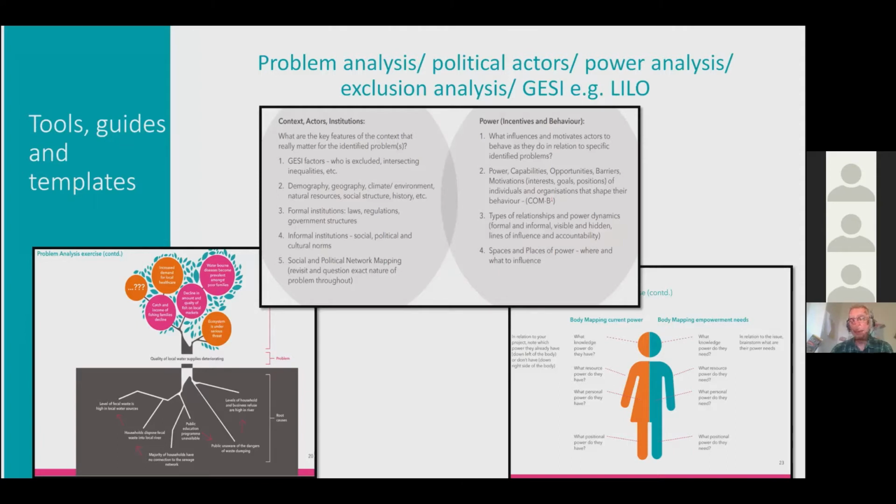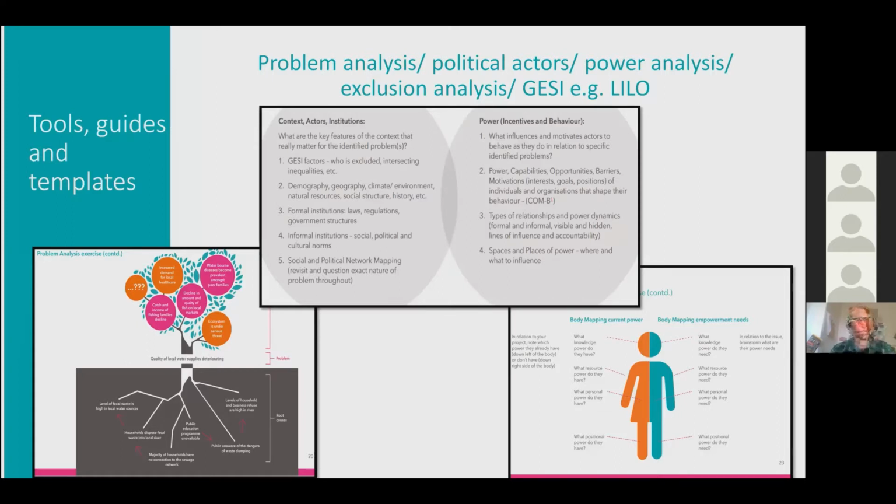So problem analysis really looks at the political economy of actors and institutions, linking with an analysis of power, so the incentives and behavior relationships that trigger activity and actions. It looks at visible and hidden forms of power, spaces and places of power, and again links this to the chain of causality, if you like. And we've got a problem tree exercise that takes us through what's happening in the real world and institutional change.